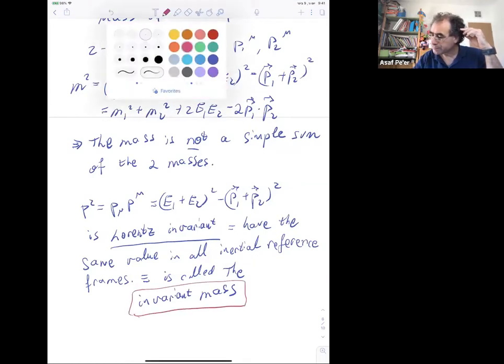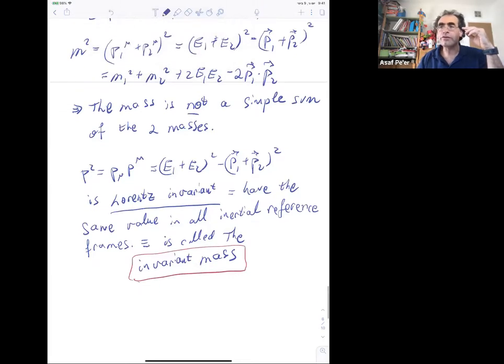So if you have a particle that decays into two other particles, then the invariant mass is conserved. So in every frame. So if you can measure the outcome, that could tell you what was the mass of the initial particle. And you can do it in any frame, so it doesn't matter.